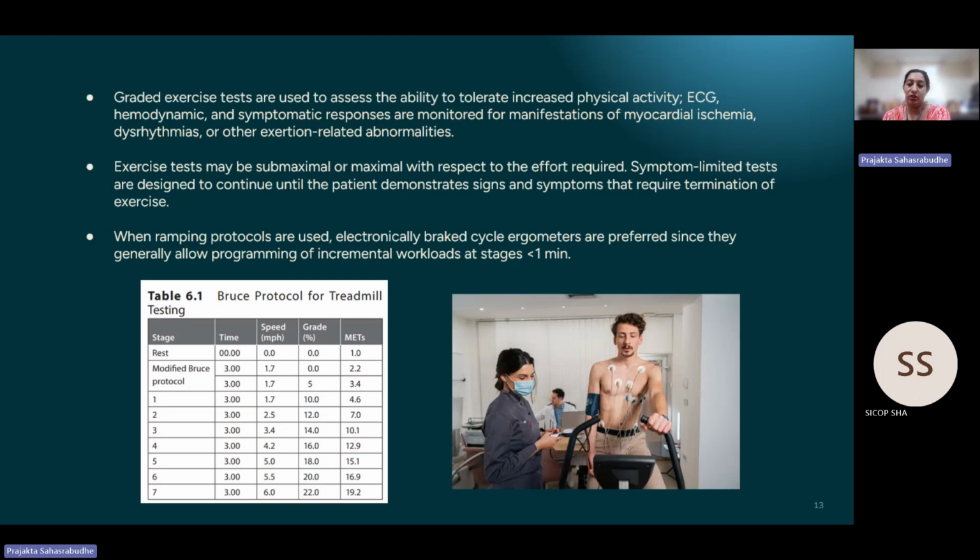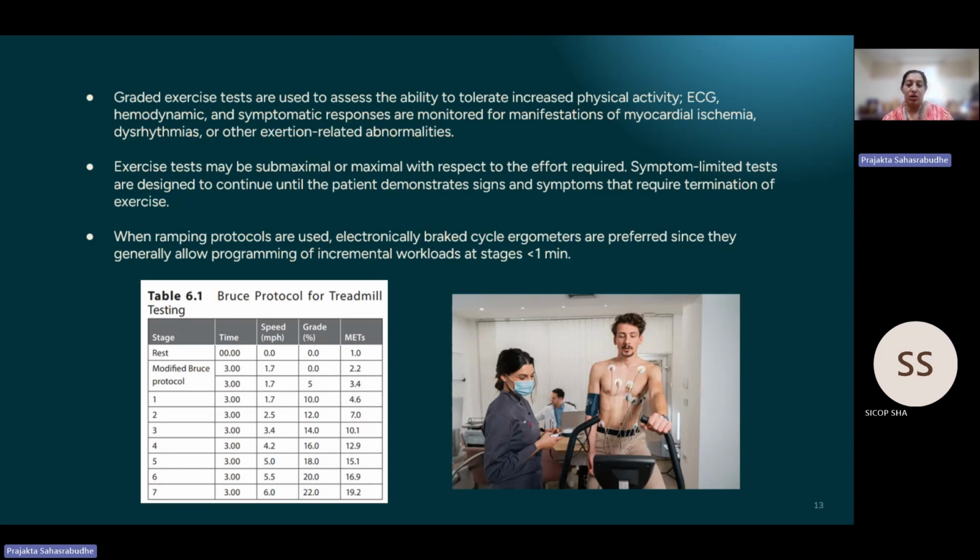So for a 20-year-old individual, it is going to be 220 minus age, that is 220 minus 20. So 200 would be the predicted HR max. Now, in an absolutely normal individual who doesn't have any risk of CAD, we might take it as the HR max. But in these patients, we cannot use this HR max directly in the Karvonen formula.